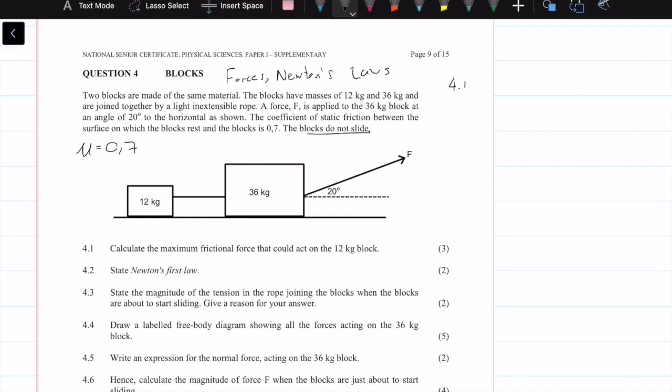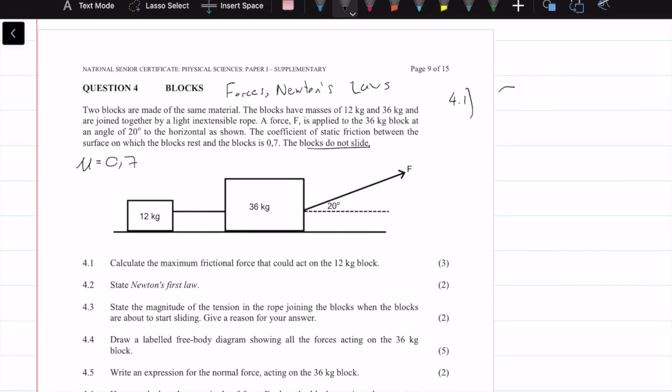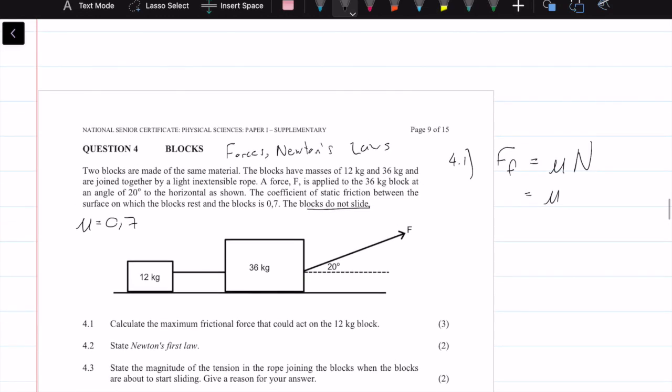Question 4.1 says calculate the maximum frictional force that could act on the 12 kilogram block. We know that our force friction is equal to mu times the normal force. If we just draw the 12 kilogram block, we have force friction, force tension, and our weight and normal force.